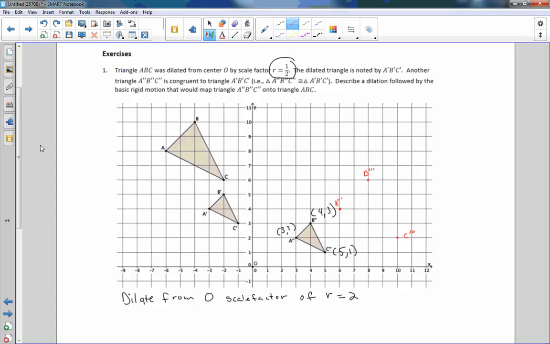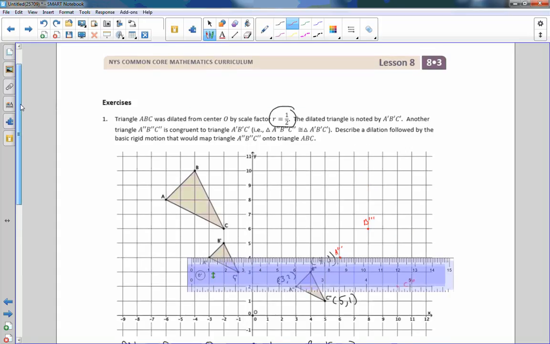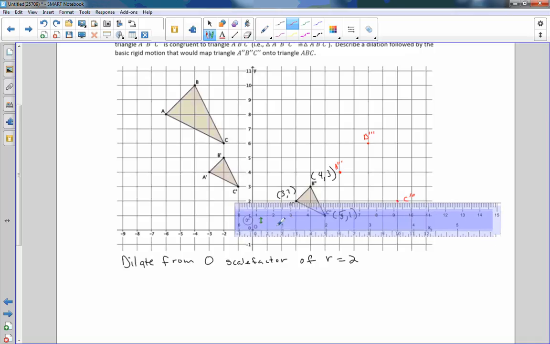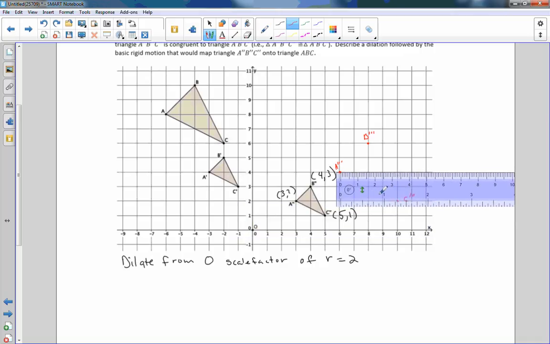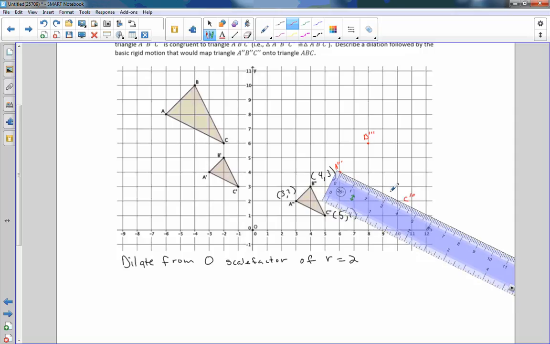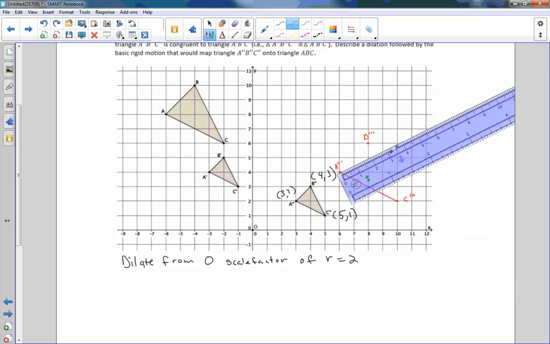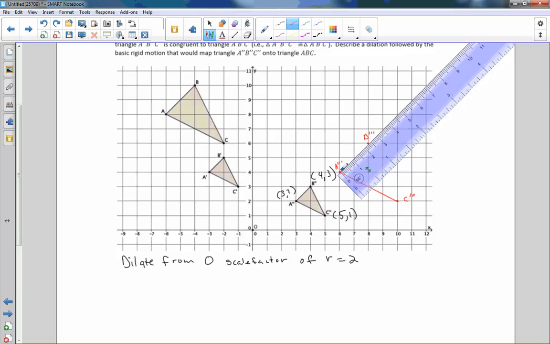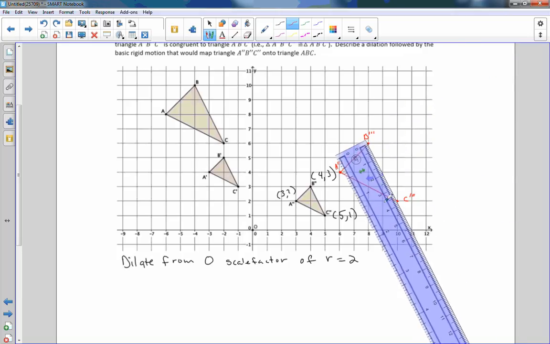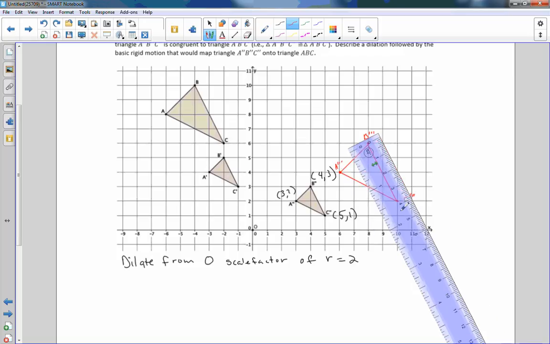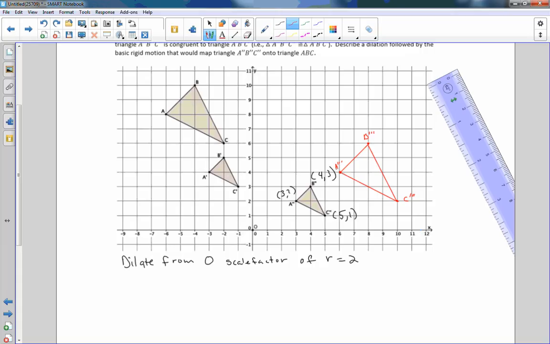I will get my ruler and create this triangle. Okay, so there's my triangle.